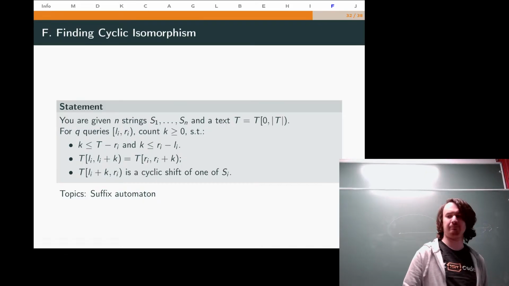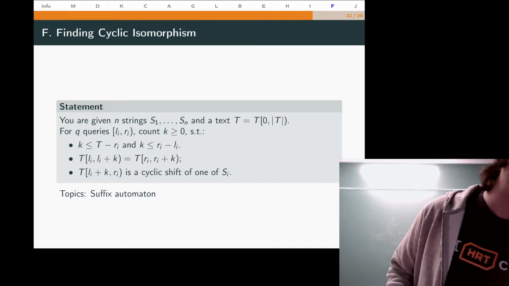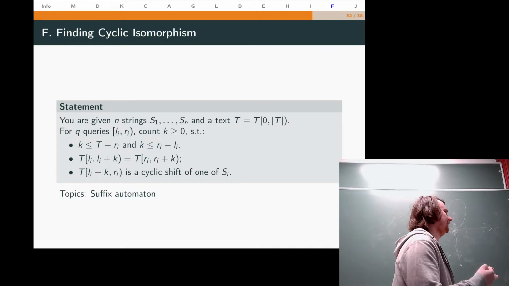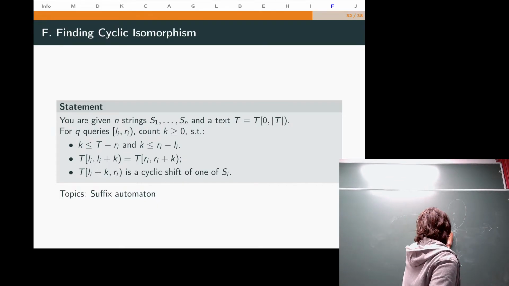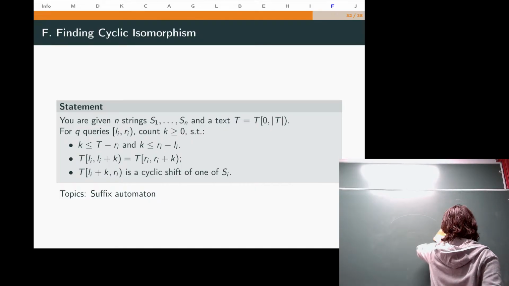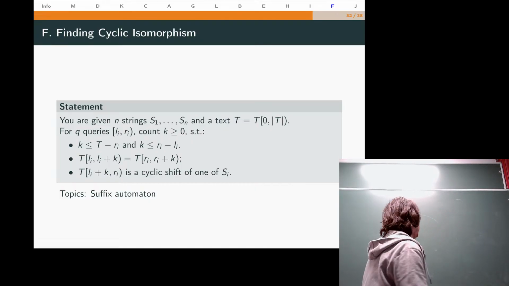So for each query, we are given some segment L and R, and we need to count the number of numbers k, such that, let me just draw it, just to be easier.